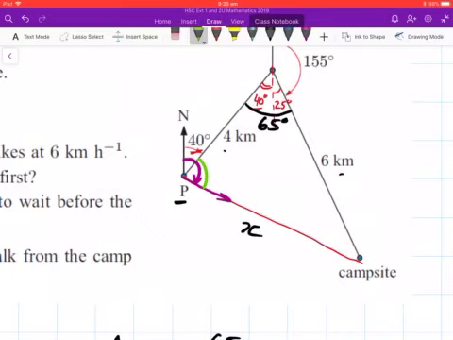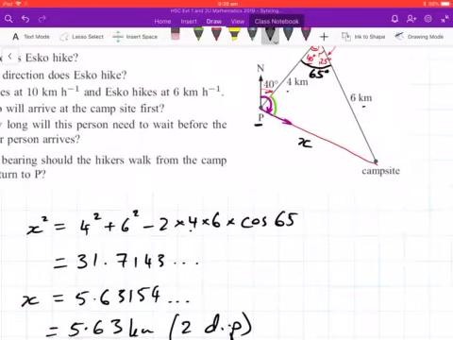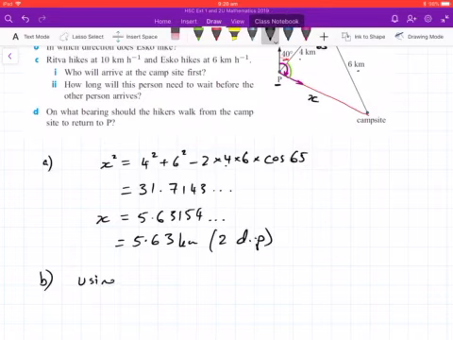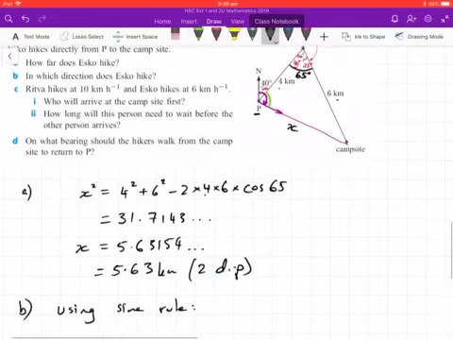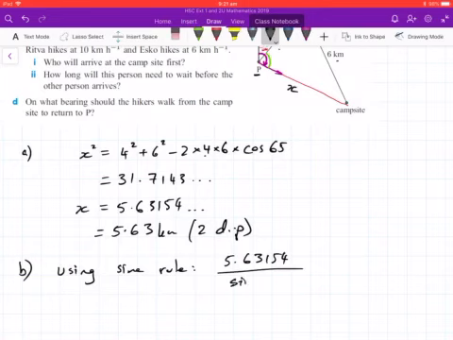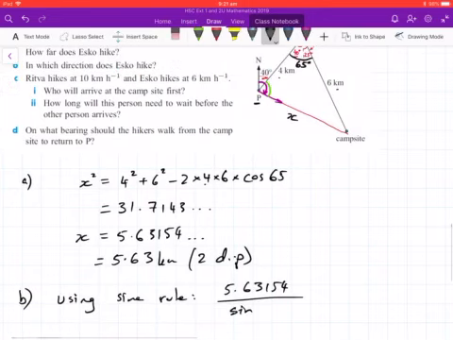Well, the cosine rule. So if we do that, we'll be able to find it, but I could actually make my life a bit easier and just use the sine rule. So let's go ahead and do that. Using the sine rule, we have 5.63154 over sine 65, that's the opposite angle.